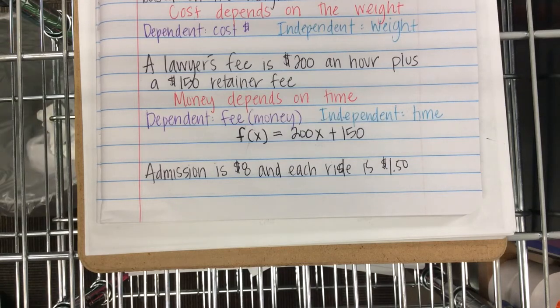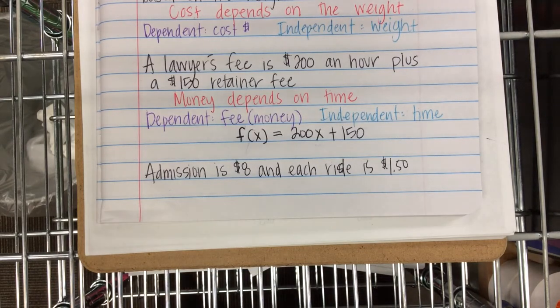Admission to Old Shawnee Days is $8, and each ride is $1.50. What are the two things that I'm talking about? Raina? I'm talking about how much money I'm going to spend, and that's going to depend on how many rides I ride, correct?